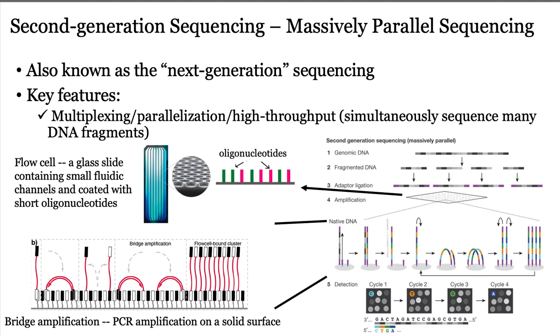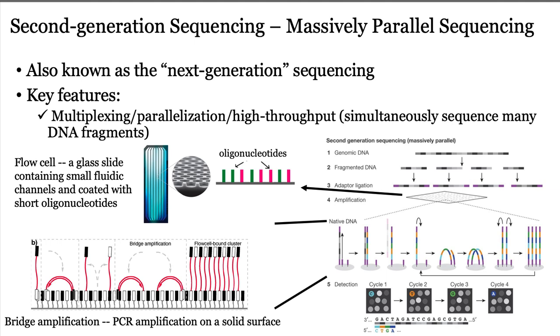And then it goes through a process called bridge PCR. Basically, it's just PCR amplification happening on a solid surface. The purpose of bridge PCR is that you start with one DNA fragment, and after PCR, you amplify many fragments.